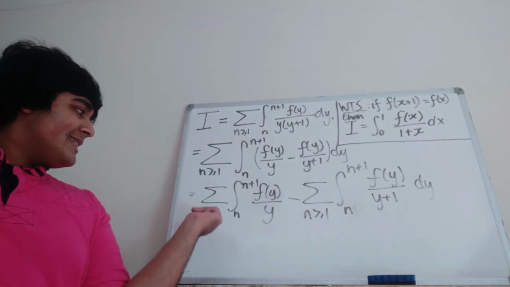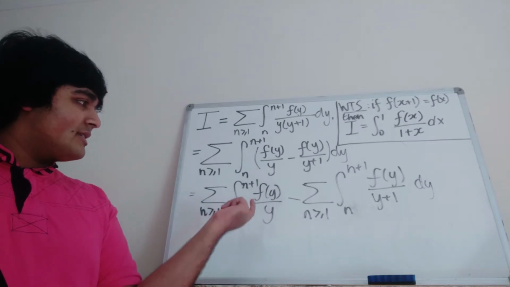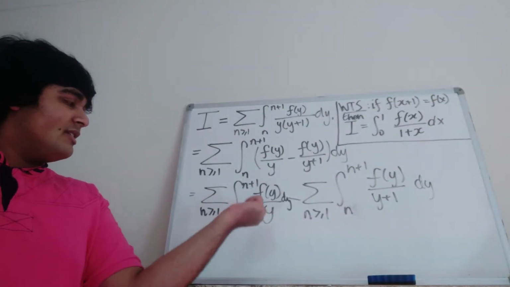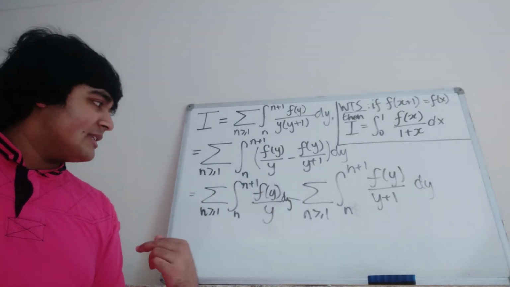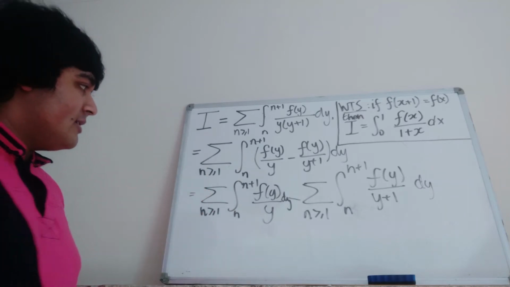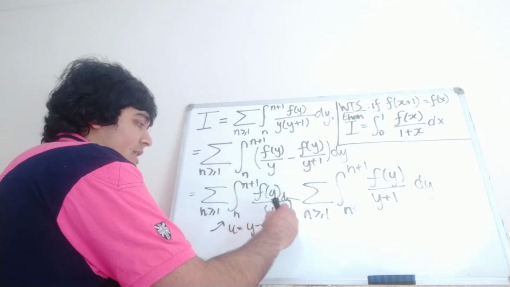Okay, now we can see that this guy here is going from n equals 1 to infinity, but if I do a substitution, oh I forgot to put a dy here, if I do a substitution to make this y into a y minus 1, then this thing will now be an integral from 0 to infinity. So if I now do this, u equals y minus 1, so that of course just means du is equal to dy.